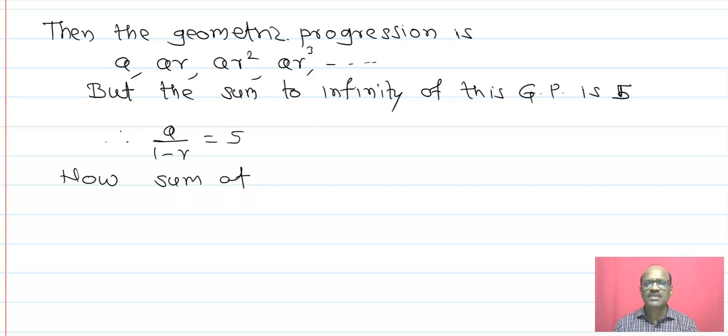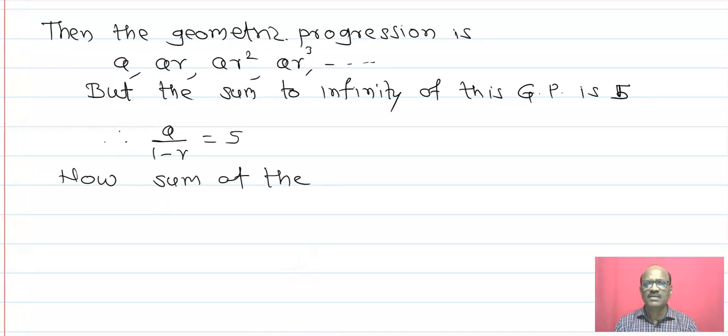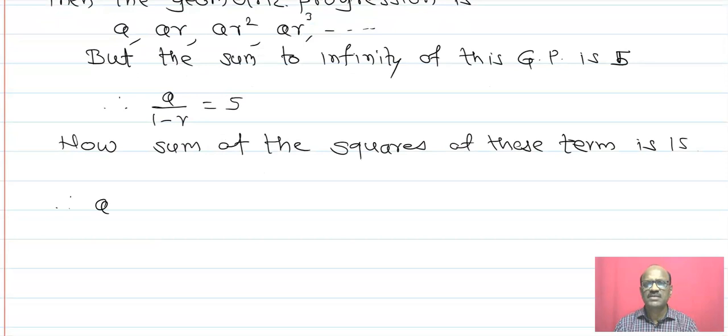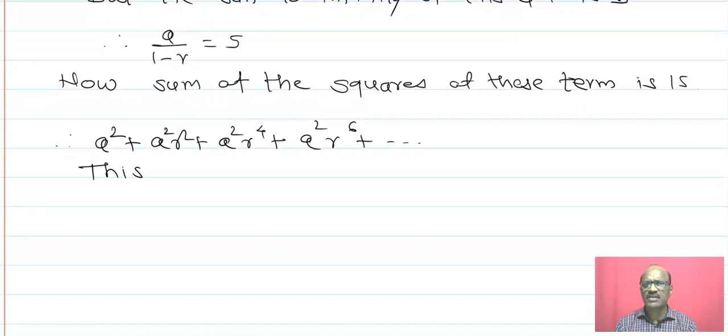Now the sum of the squares of these terms is 15. The first term is a square, therefore a square, a square r square, a square r raised to 4, a square r raised to 6.